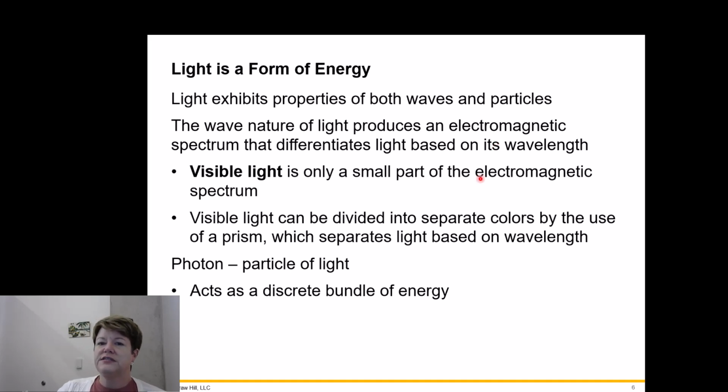So different types of light have different wavelengths, some of which your eye can detect as colors, but there's actually a lot of light that you can't see because your eye doesn't sense it. But in the universe, there's a lot of wavelengths that are there.